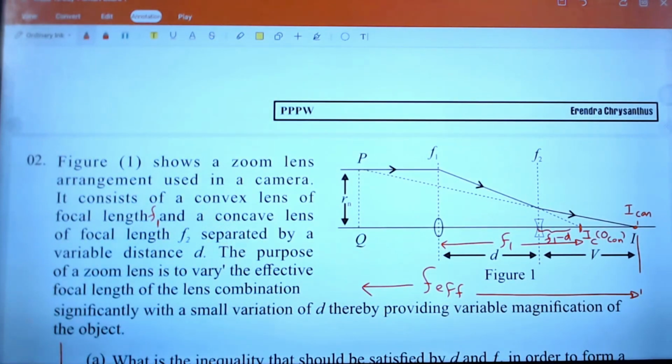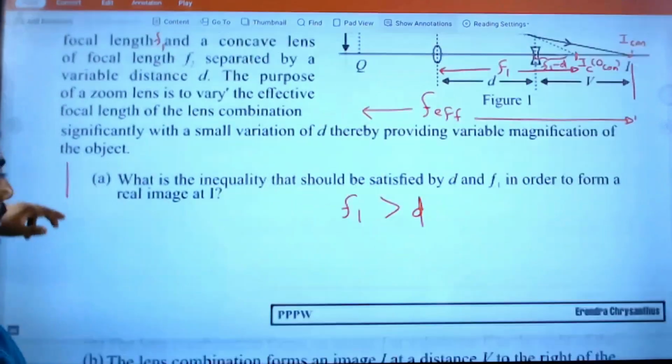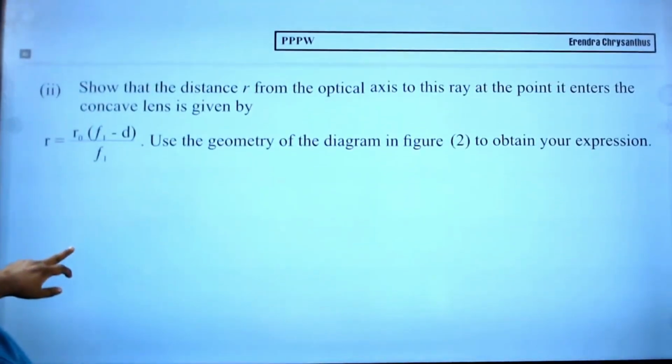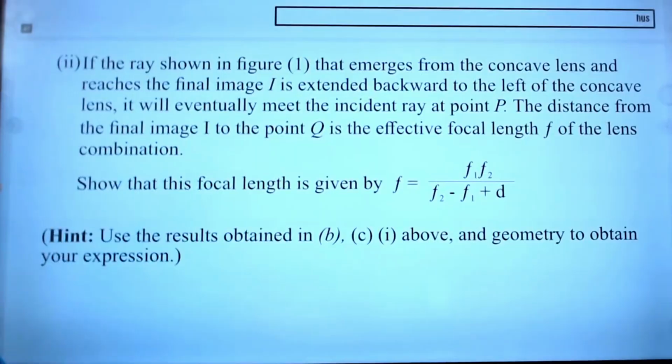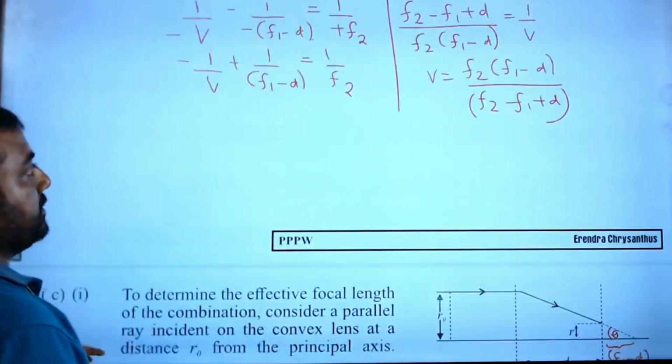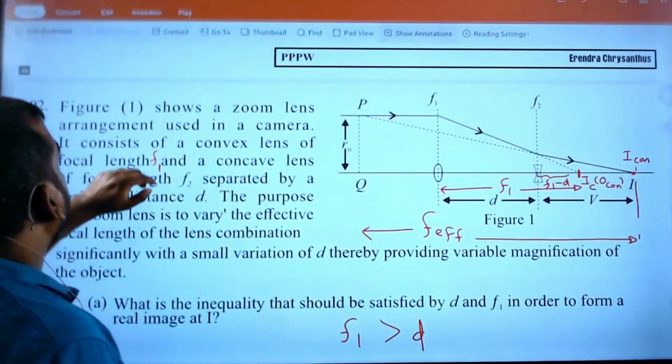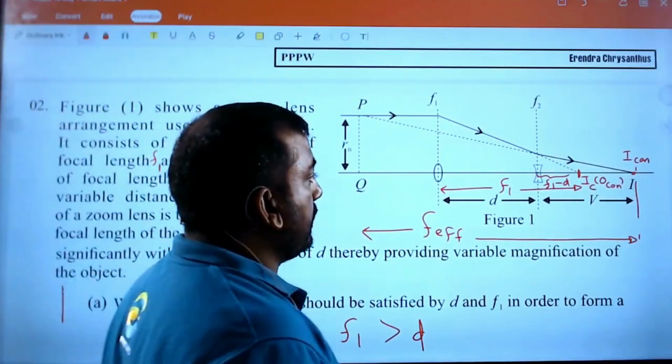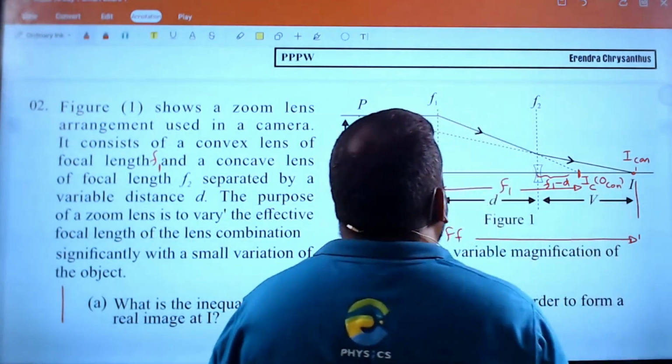Okay. Right. What are they asking you? Show that the focal length is given by this relationship: F1, F2 and the particular value. Right. Okay. Let's go back to the geometry below. So V we have found.